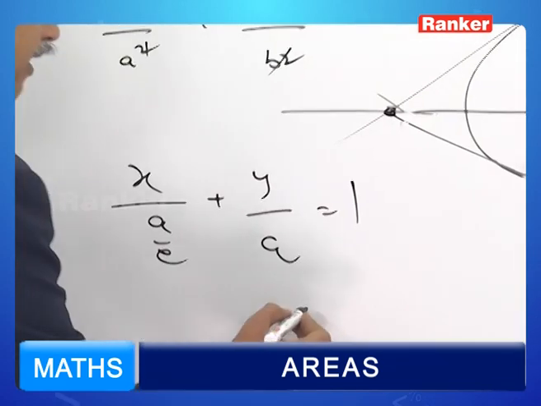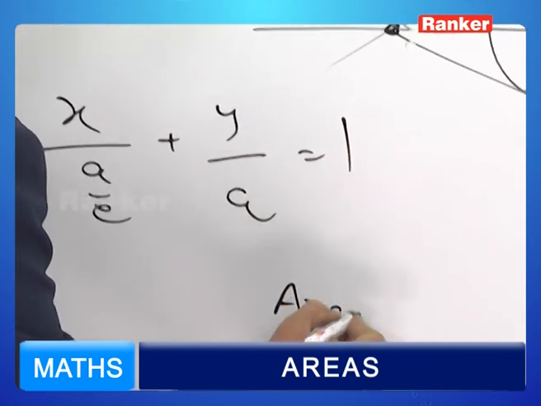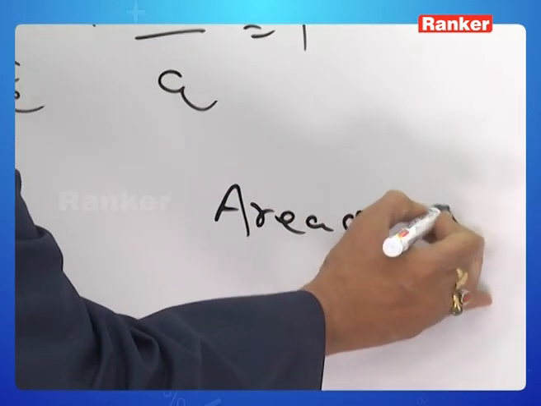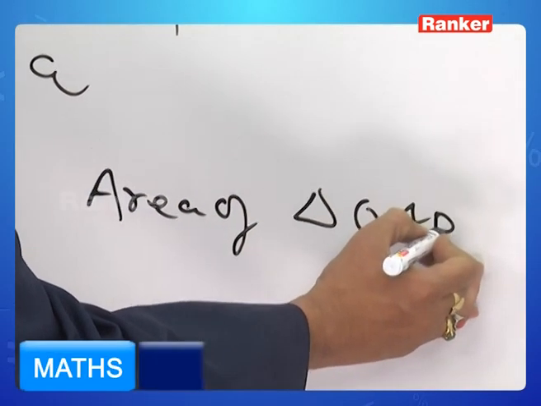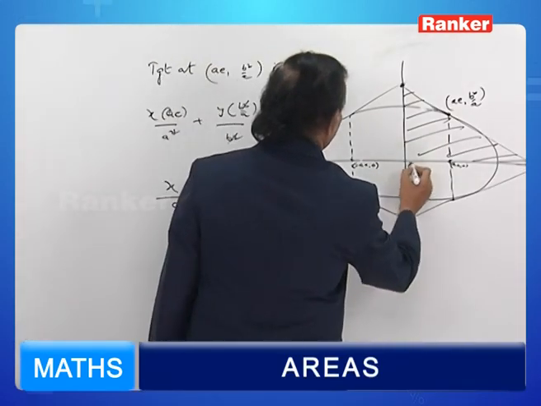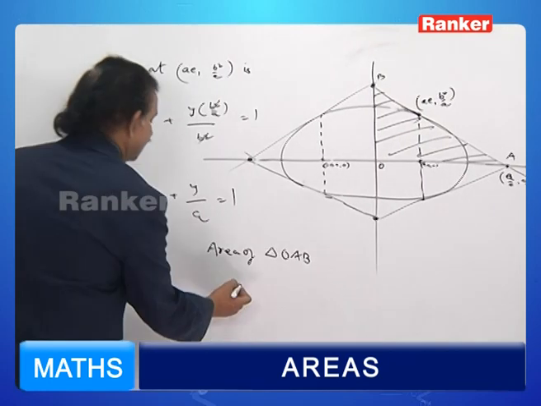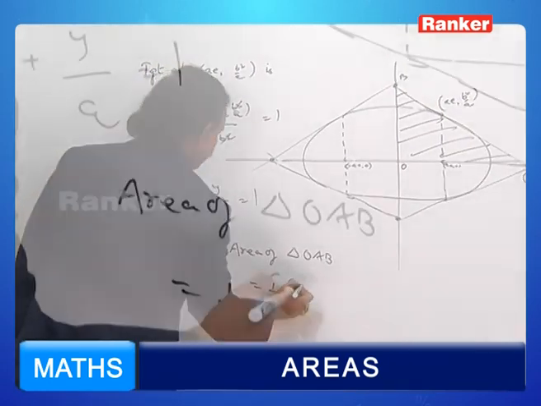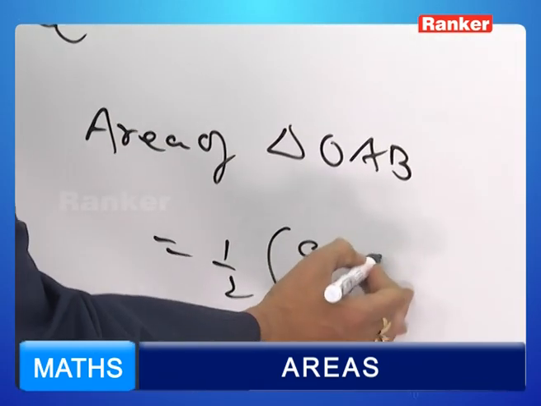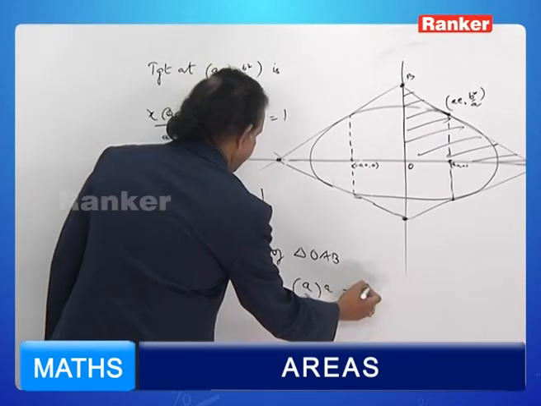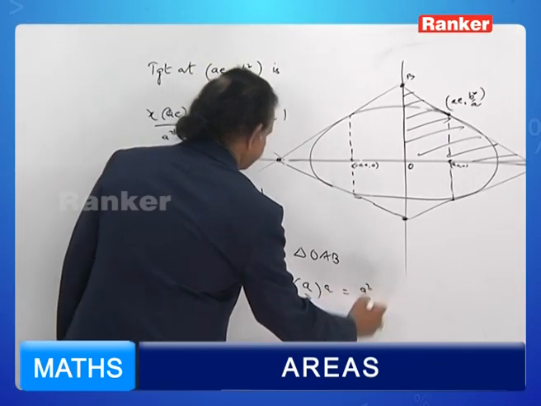Therefore, the area of triangle OAB, let me call this O, this A, this B, is half into base into height, that is a square by 2e.